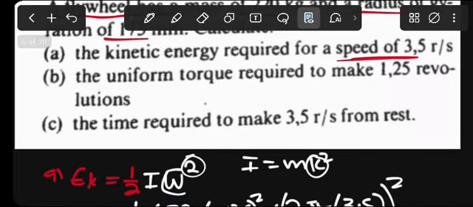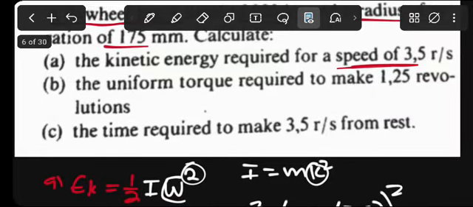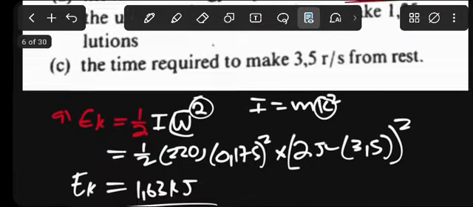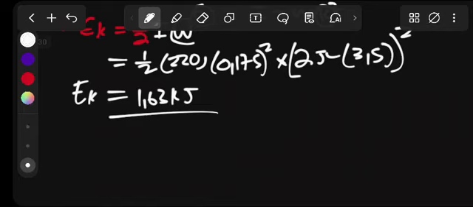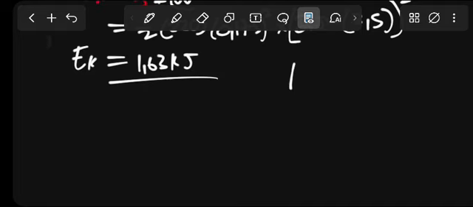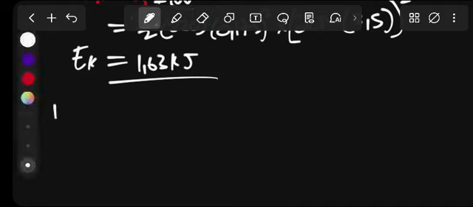Alright, B says the uniform torque required to make 1.25 revolutions. The uniform torque. Okay, guys, the uniform torque you calculate if you have been given the kinetic energy. There's this formula. Remember, this is the same as angular motion.